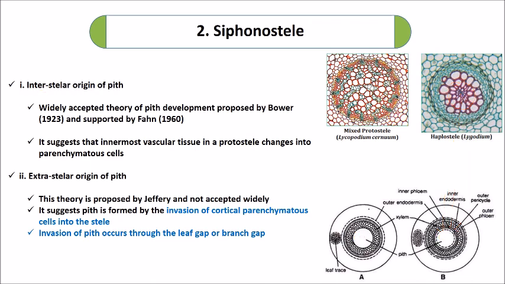However, the extrastelar origin of pith says that the ground tissue parenchymatous cells may invade the core region. That is, the invasion of cortical parenchymatous cells into the stele led to the pith region in siphonostele conditions.